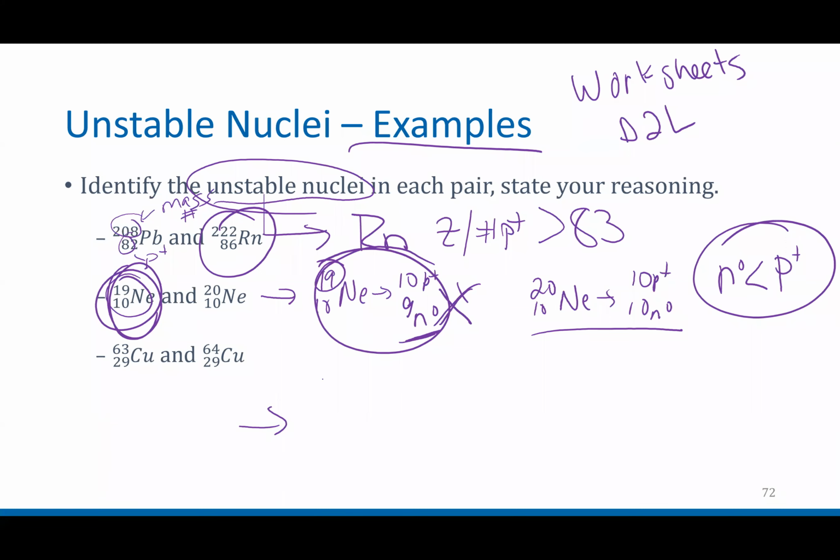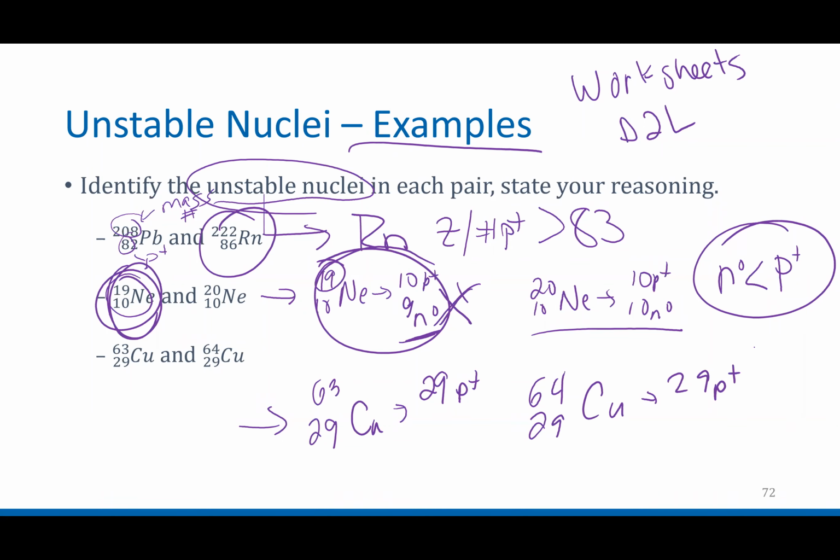This is another example that can be a little challenging. So we have 63 and 29 for copper, and we have 64 and 29 for copper. So let's see how many neutrons we have. We have 29 protons in both.